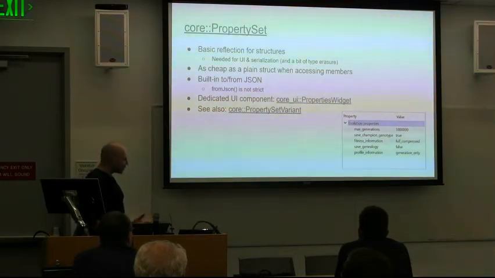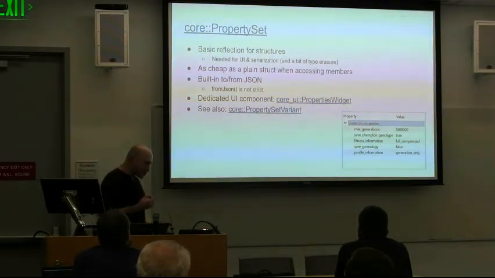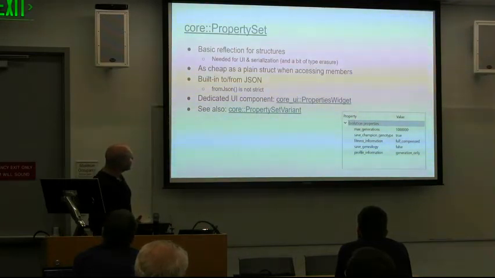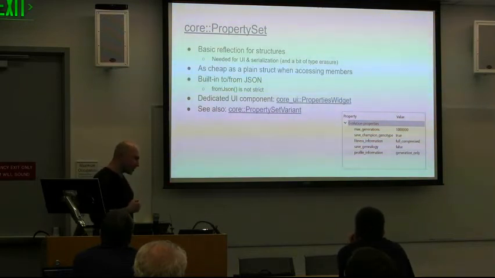It's a reflected structure that has some interesting characteristics which were intentionally designed to fit these requirements. The most important thing is that accessing fields in this reflected structure is as cheap as accessing plain old fields. The second thing is that it has built-in support for serialization from JSON, and it's a very forgiving serialization in that it has a form of loose versioning.